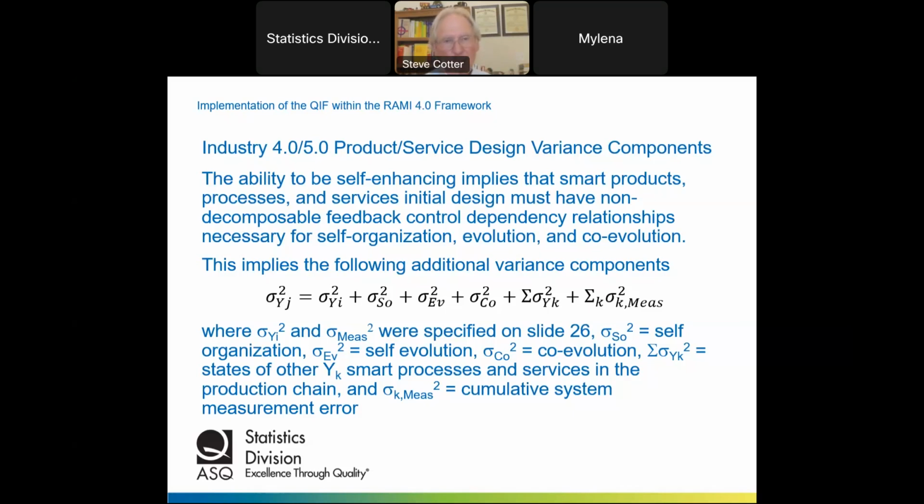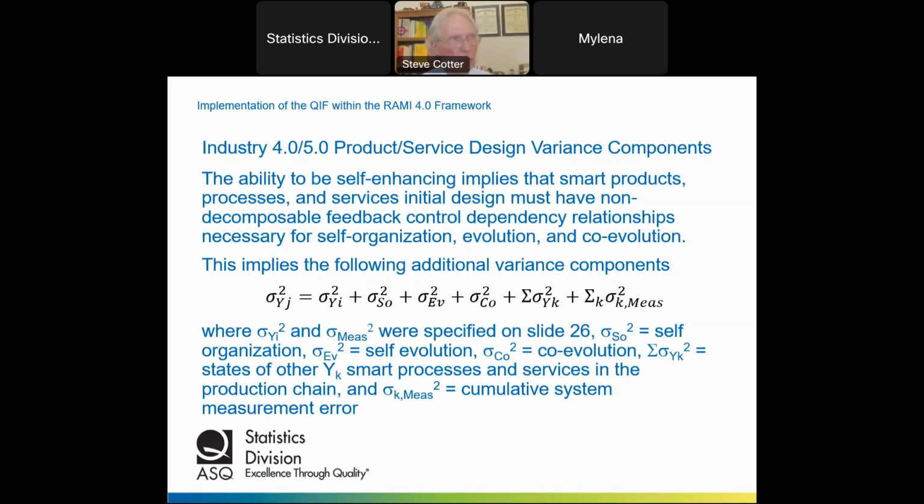This implies the following additional variance components: sigma square Yi, where sigma square Yi was previously defined as the total sum of Industry 3.0 variance components. Now, I should have said this earlier back at the previous slide.